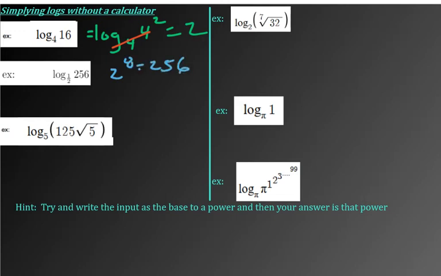So if I want to raise 1/2 to something and get 256, then I would just have to introduce a negative exponent, right? Because if I have the reciprocal of 2, which is 1/2, then I just need a negative 8 in there, and that would do it. So this one was 2, this one's negative 8, because 1/2 to the negative 8 is 256.